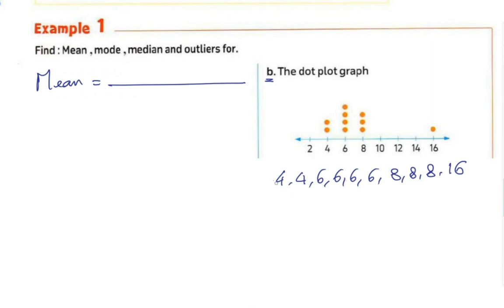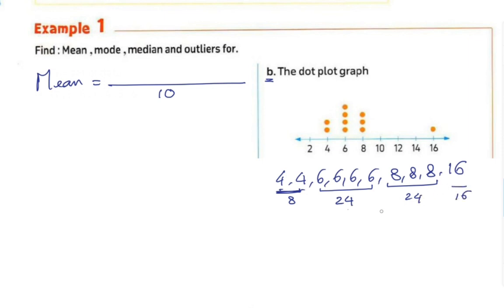What's the number of them? 1, 2, 3, 4, 5, 6, 7, 8, 9, 10. So divided by 10. Now add them. Add with me. 4 plus 4 equals 8. Now we have 4 sixes is 24. We have 3 eights is 24. And finally we have 16.